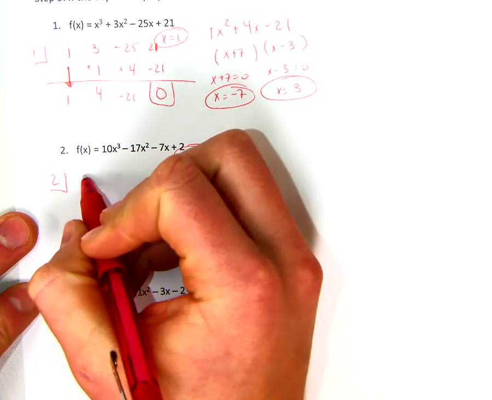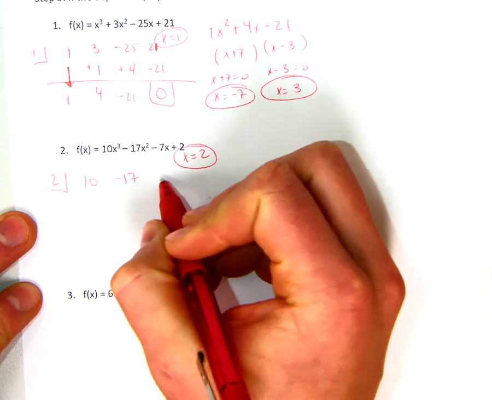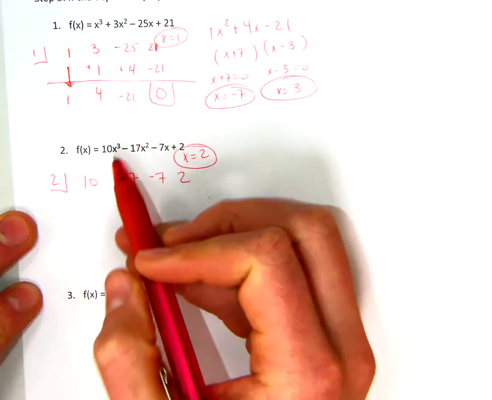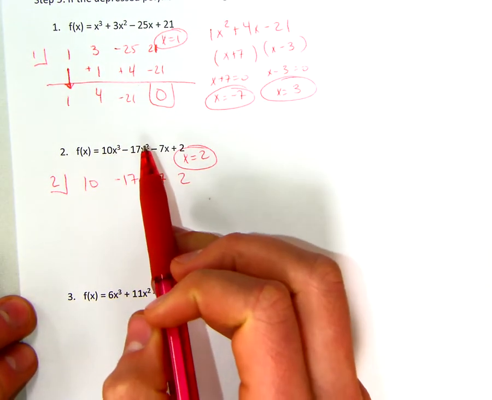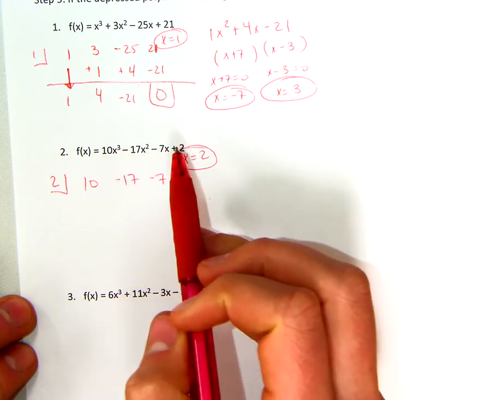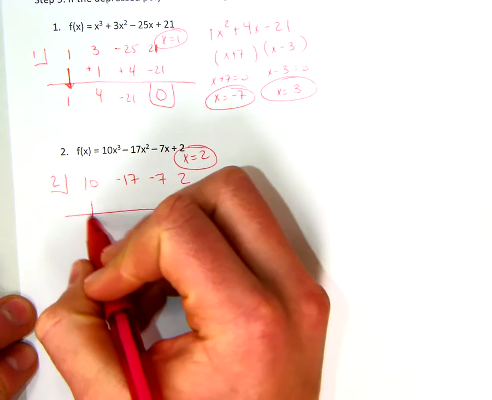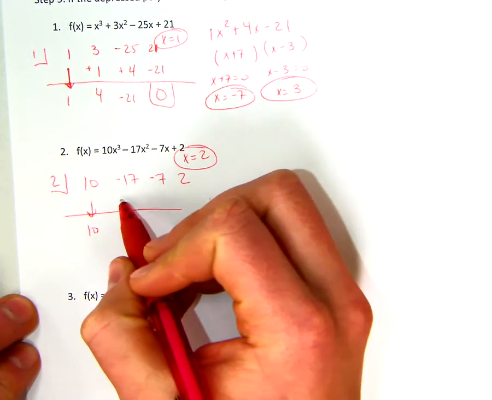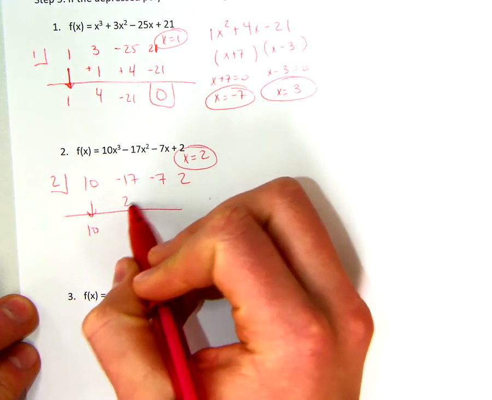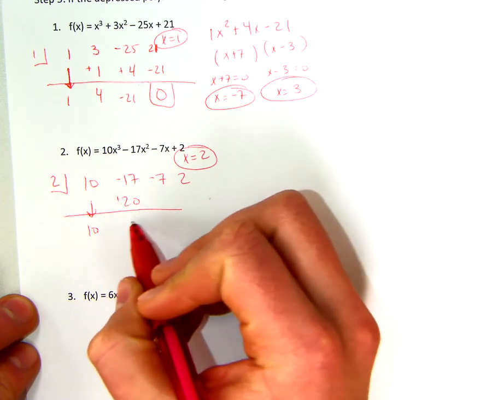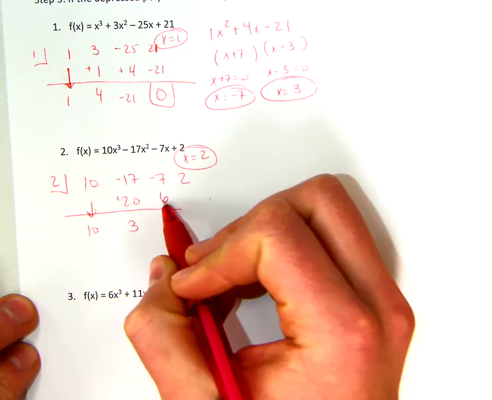And we start the same process as we had in number 1. So we have 2 right here. We have 10, negative 17, negative 7, 2. Make sure that you're checking to make sure that it goes from 3, 2, 1, and then nothing, or else you might have to insert zeros. Anyways, so you drop the 10, you have 2 times 10 is 20. Then you have 3. 3 times 2 is 6.